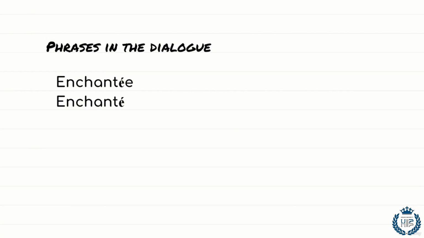For this lesson, it's enough to know that for females, when we write it down, we use two E's, one with accent aigu and just a normal E. Enchanté, enchantée. There is no difference in pronunciation.